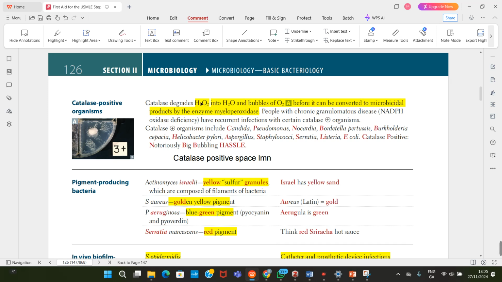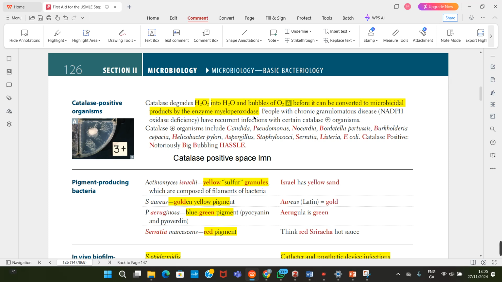So this hydrogen peroxide is going to be broken down by catalase into water and oxygen, but this hydrogen peroxide can also combine with chlorine to form hypochlorite, and that's catalyzed by myeloperoxidase. And they will use that hypochlorite to kill infection. So that is the process of the oxidative burst in the neutrophils.